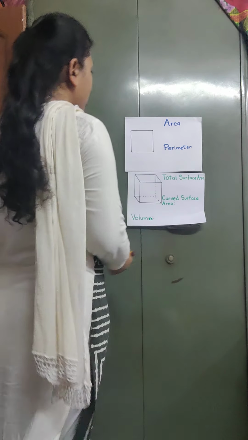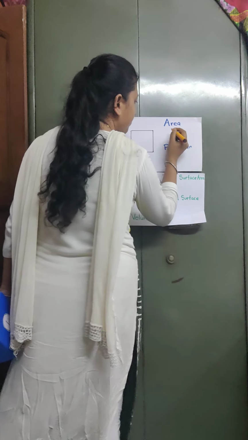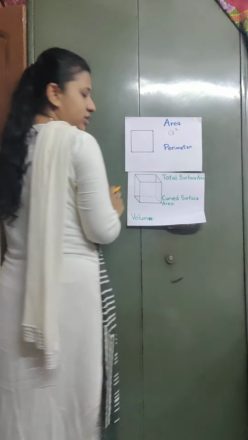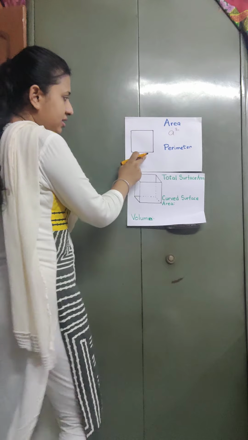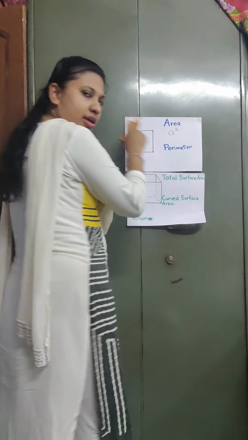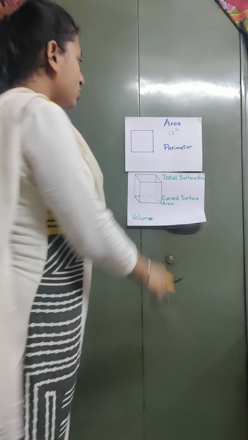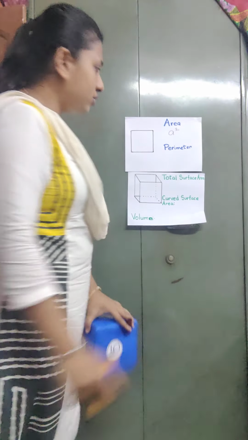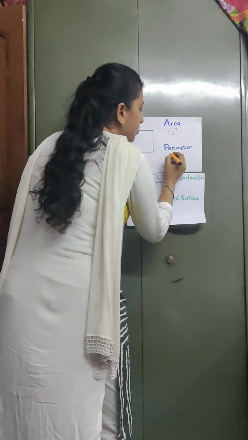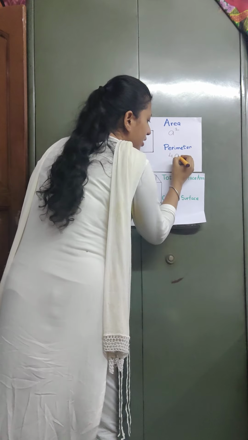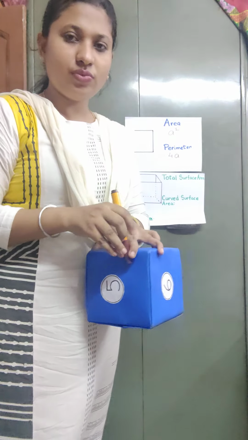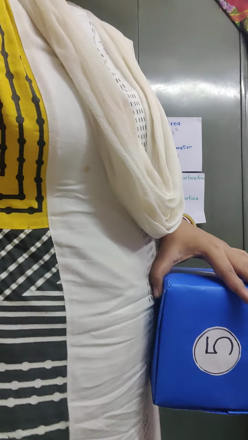The area of a square is A into A, which is A square, because all sides are the same. For the perimeter, we add A plus A plus A plus A, which means 4A.